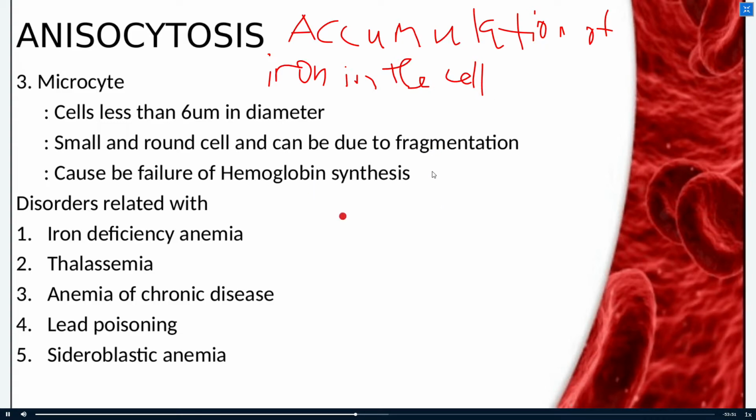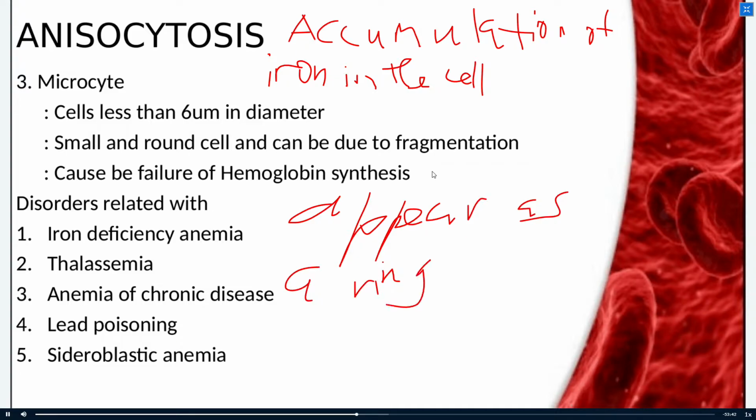It would appear as a ring in young RBCs.